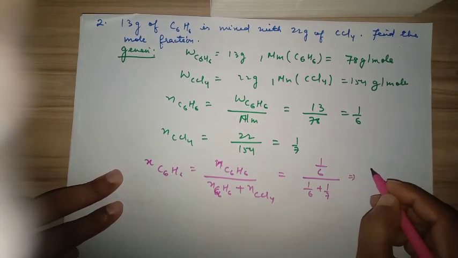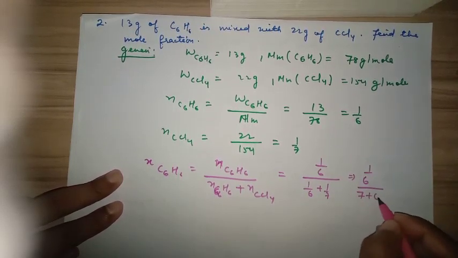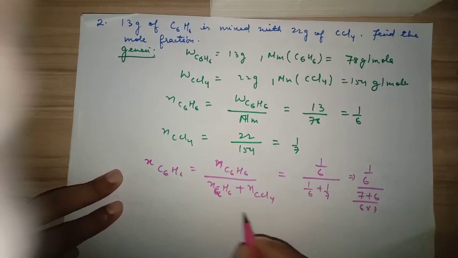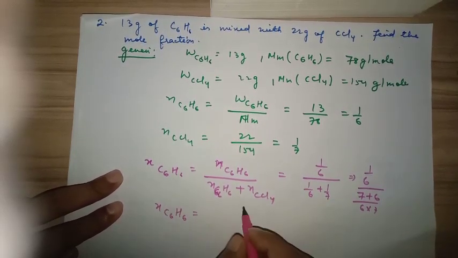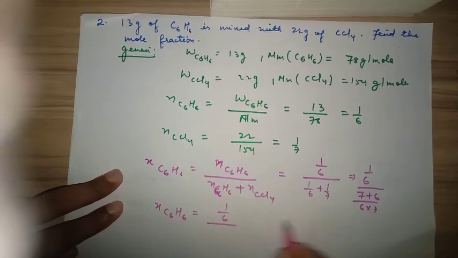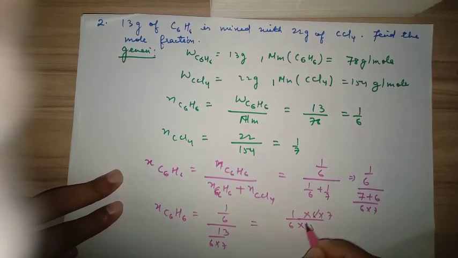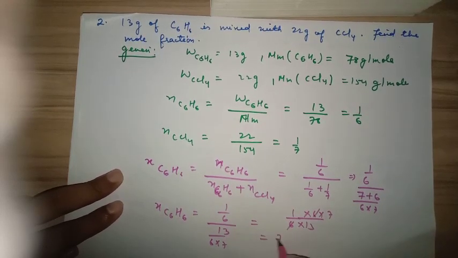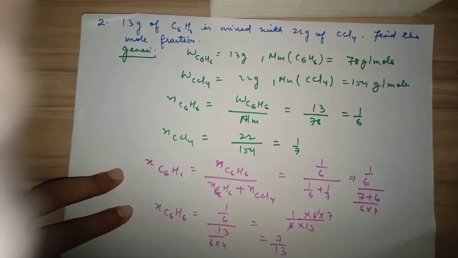In solving, we cross multiply, that will be 7 plus 6 upon 6 into 7, so 1 by 6 upon 13 upon 6 into 7. On solving further, 1 by 6 into 6 into 7 upon 13, 6 and 6 will cancel out, it will be 7 by 13.